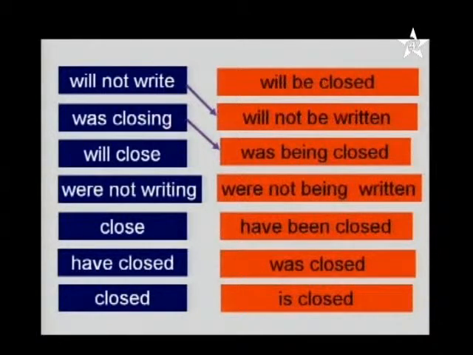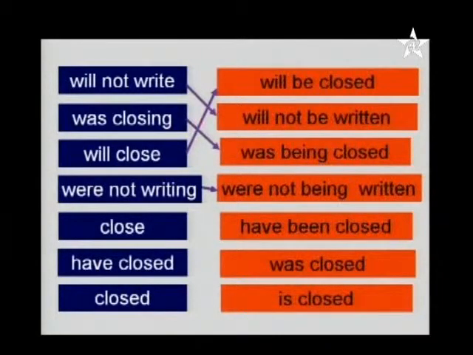So passive, as I said before, in a progressive tense, being is an essential ingredient. Will close would be will be closed. "I will close the door," you still remember? "The door will be closed." We're not writing: apparently, we're not being written.